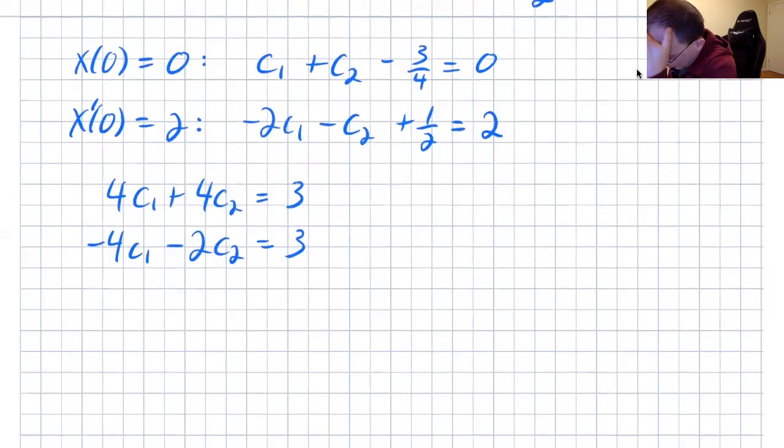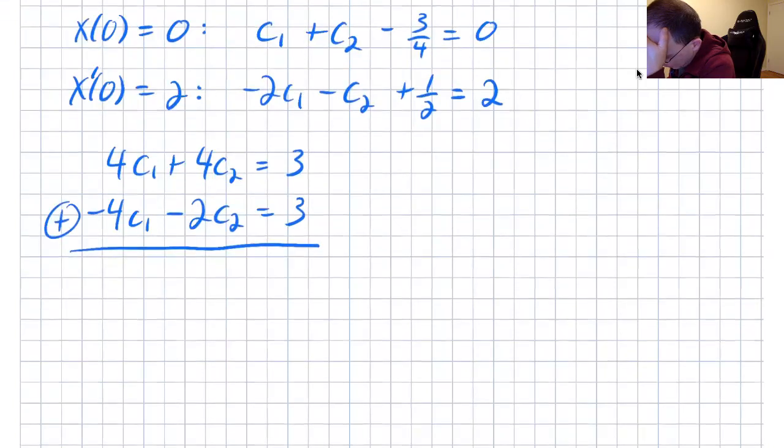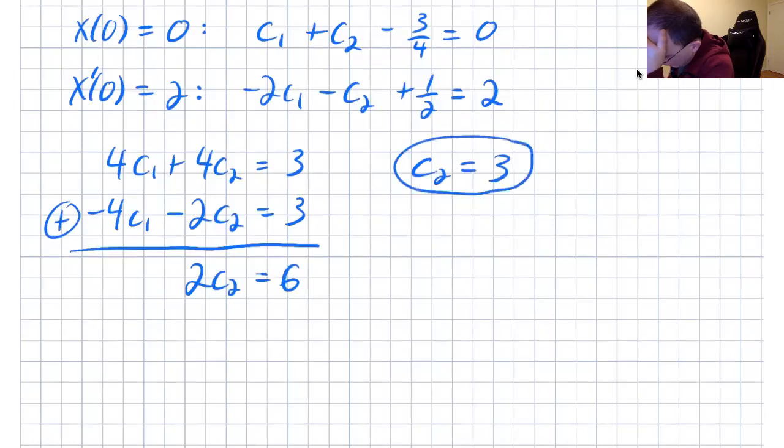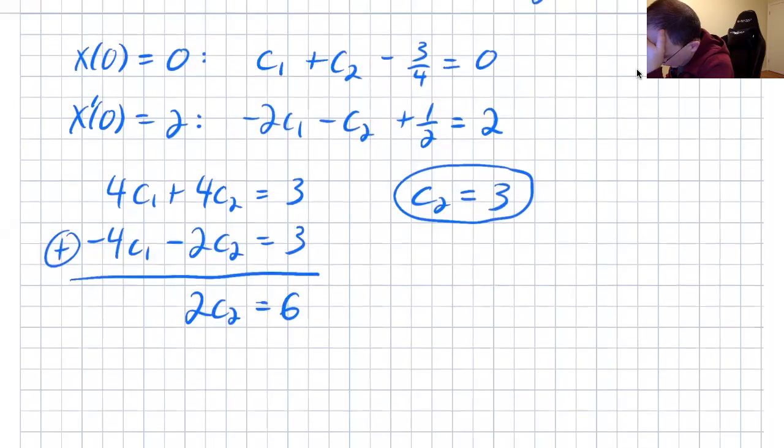Okay, so again, I see this is quite nice to solve. Just add these together, and I'll get 2c2 is equal to 6. And so we get that c2 is equal to 3. And then we have c1 plus c2, which is 3, is equal to 3 over 4.